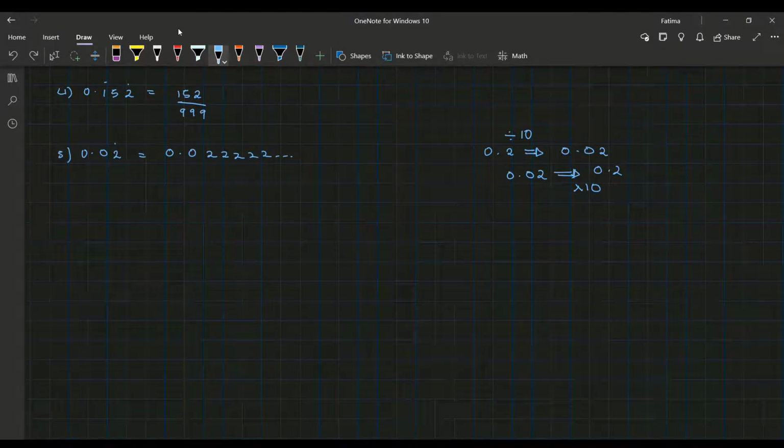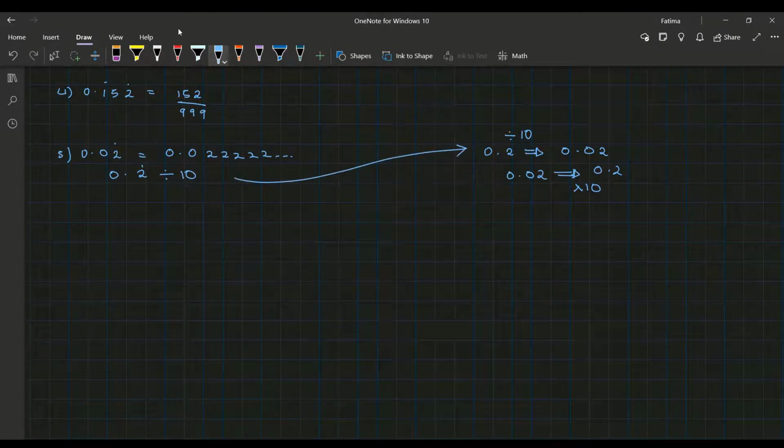Now, in this case over here, 0.02 recurring can be written as 0.2 recurring divided by 10, according to this over here. Now I know how I can write 0.2 recurring as a fraction.